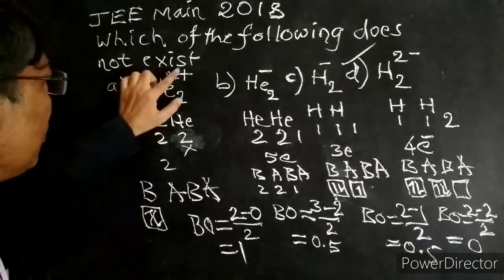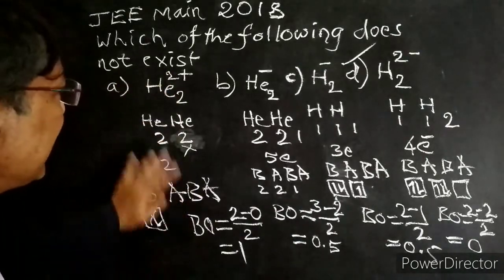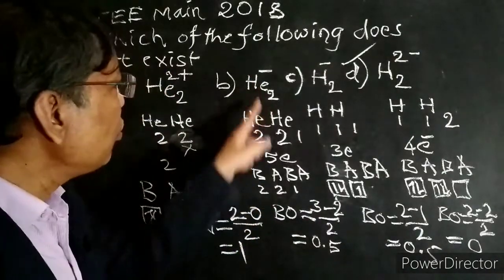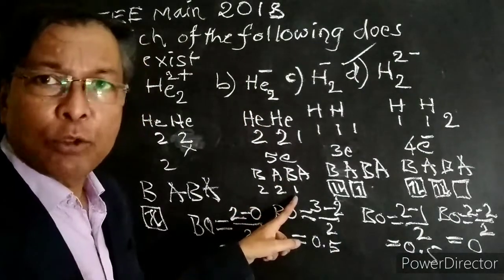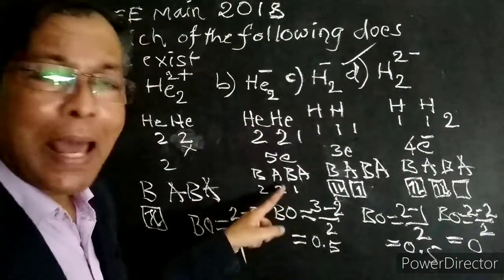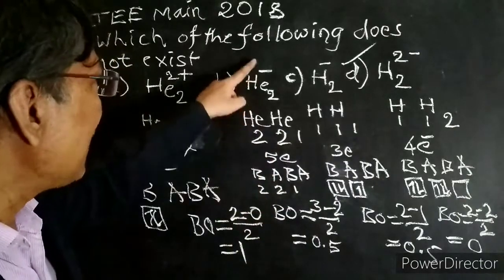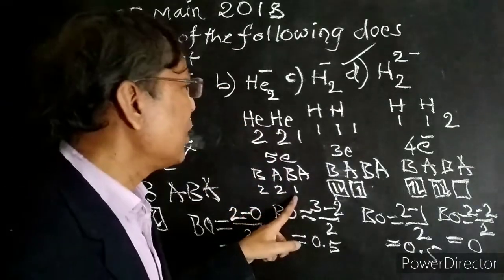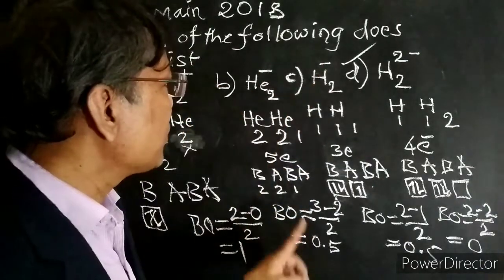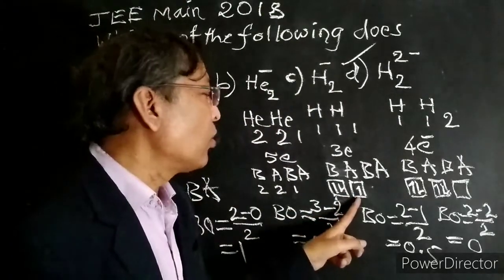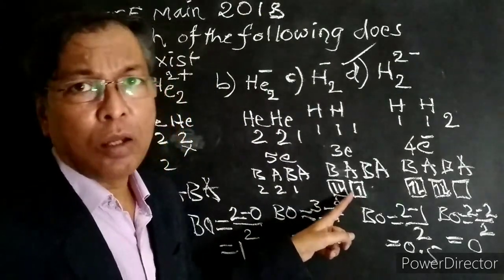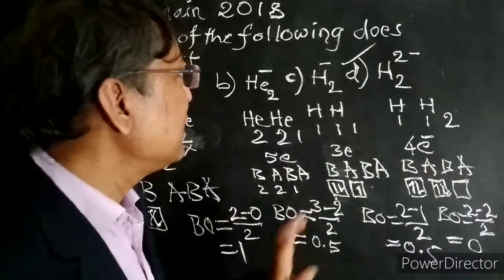Therefore, He2 is diamagnetic in nature. In case of He2-, there is one unpaired electron. Therefore, it will show paramagnetism. Therefore, He2- is paramagnetic in nature. In case of H2-, there is one unpaired electron. Therefore, this molecule also shows paramagnetism.